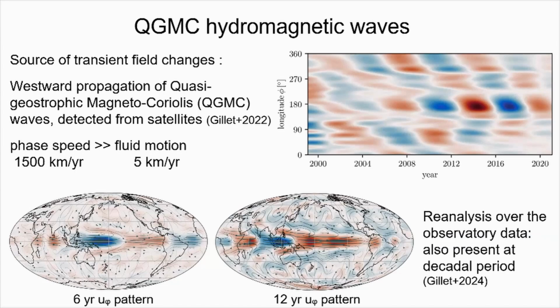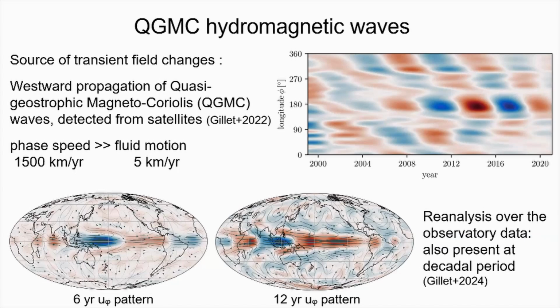This oscillating pattern at a period of 6 years was first discovered from satellite data, but a reanalysis of a longer series, including ground stations, has shown that we have very similar patterns. The 6-year signal is extracted essentially from satellite data, and this pattern here is on a 12-year period, which also includes longer satellite and ground-based series.